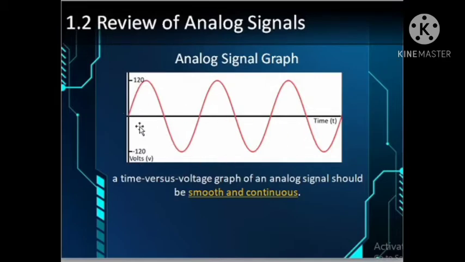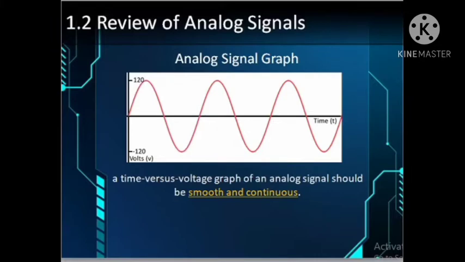If the voltage is changing over time, varying in time, the graph looks like this. A time versus voltage graph of an analog signal should be smooth and continuous. As you can see, it is smooth, with no breaks. It is continuous, with no interruptions. So, that's it.